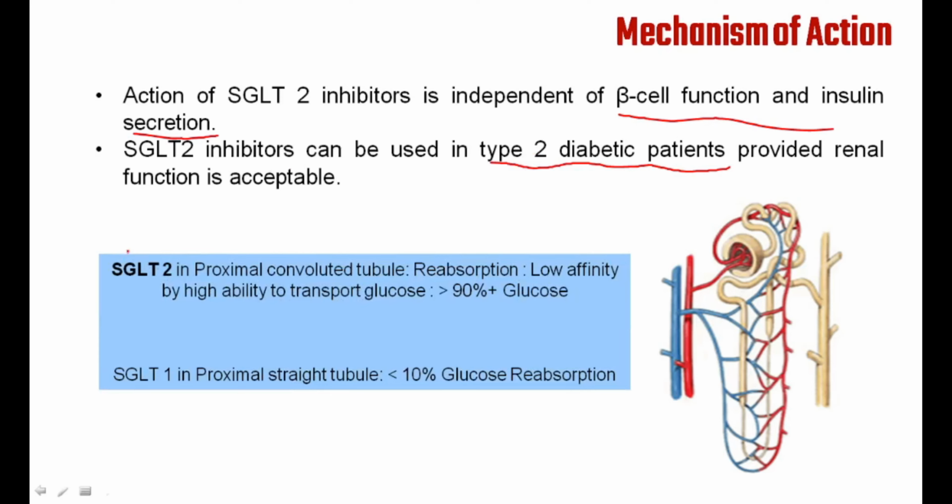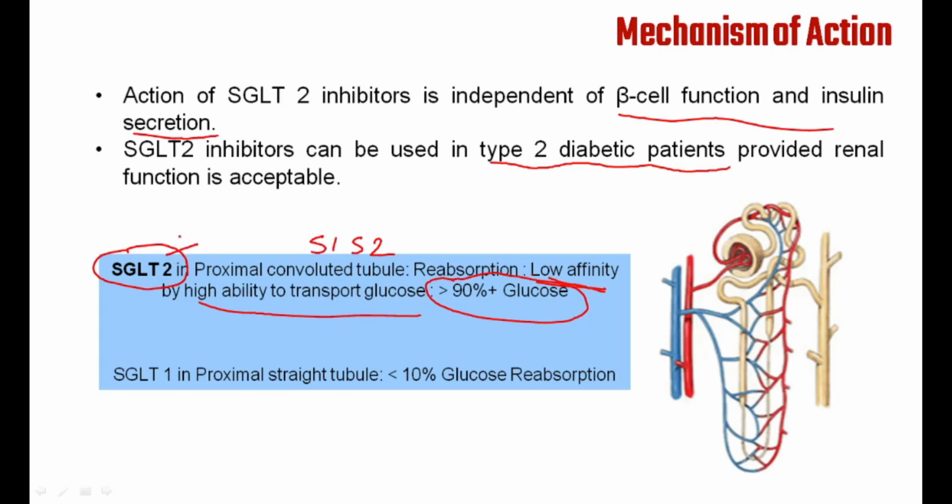As we have discussed, SGLT2 is present in the proximal convoluted tubule, that is the S1 and S2 segment. It has low affinity but high ability to transport glucose, and about 90% of glucose is reabsorbed via SGLT2.